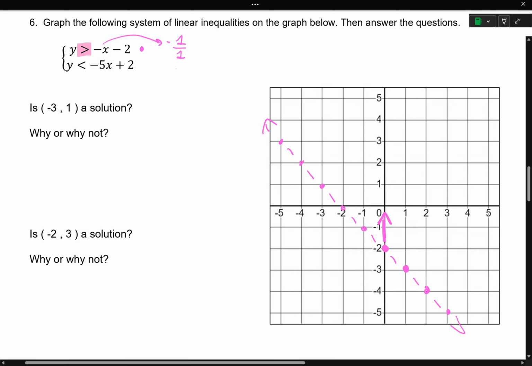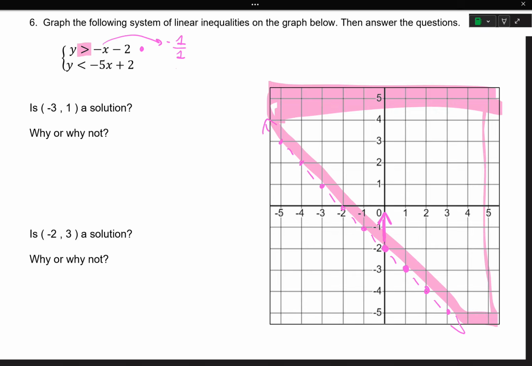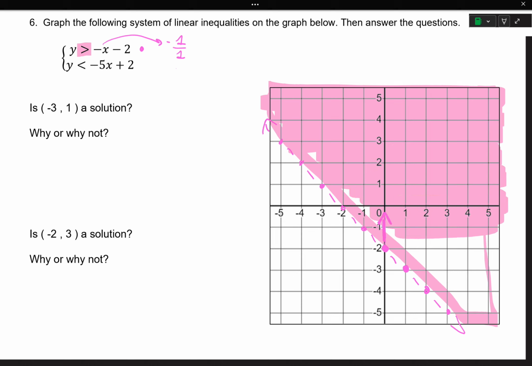Above means I'll be shading this whole area. I'll make the highlighter bigger. Oh, I can't. That's so much faster. Okay, nice.